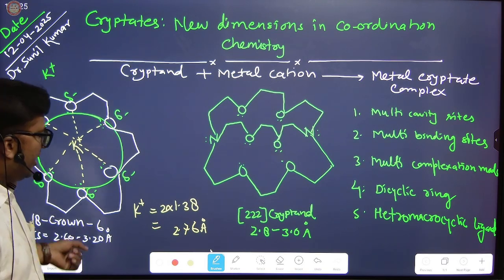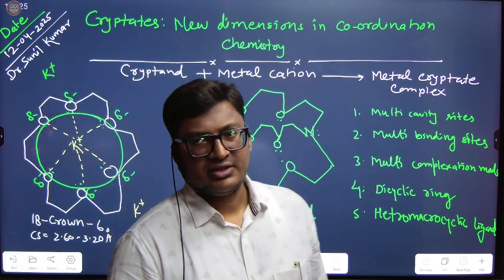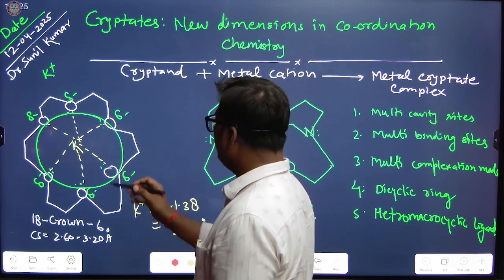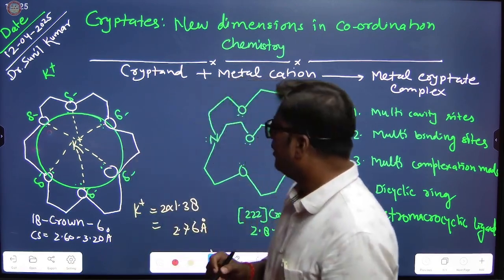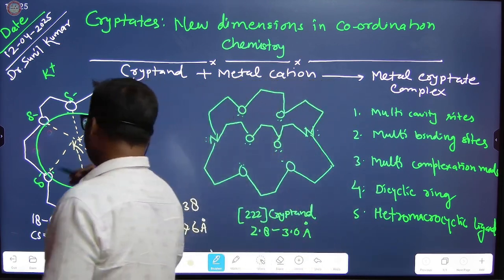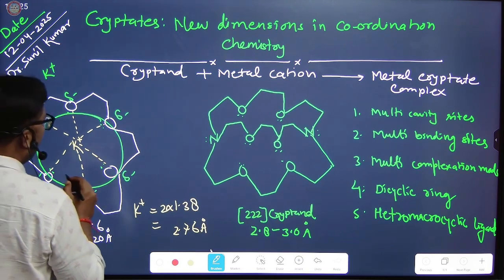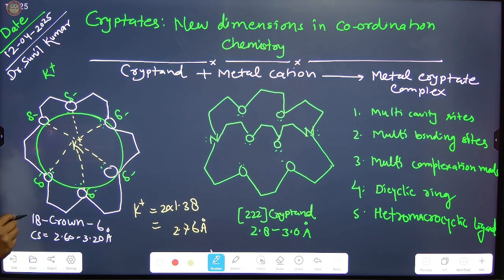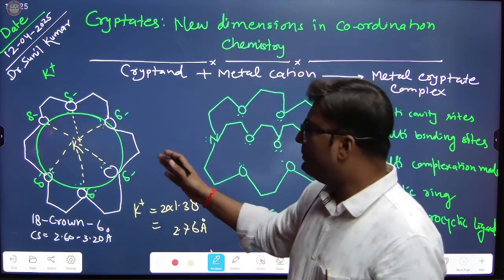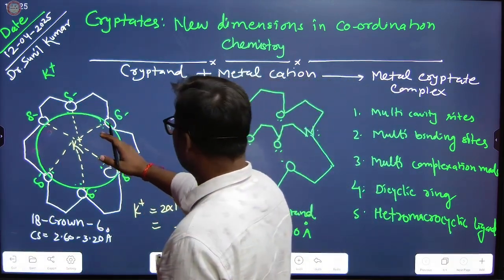So this 18 crown 6 selectively binds the potassium cation in this host, right, and forms a complex which is called a crown ether complex. And if this potassium is an alkali metal cation, then the resultant complex is called potassium crown ether complex.